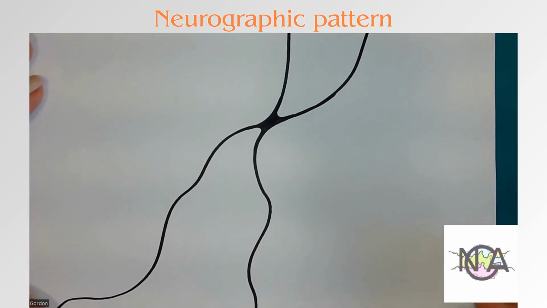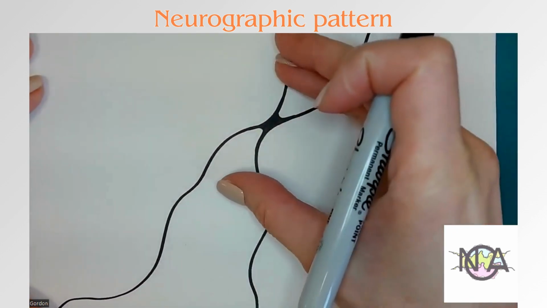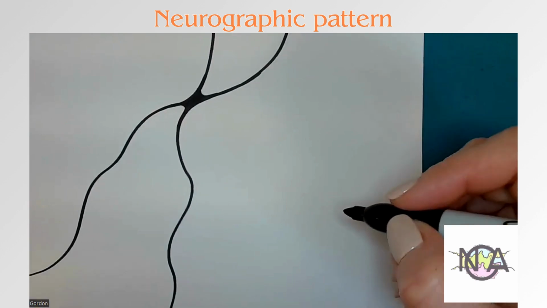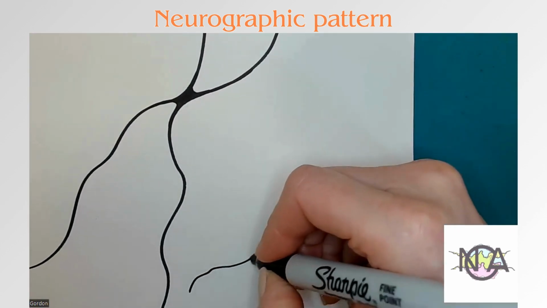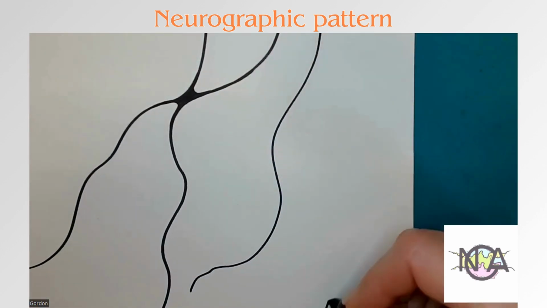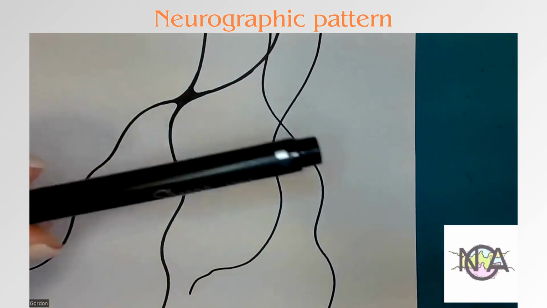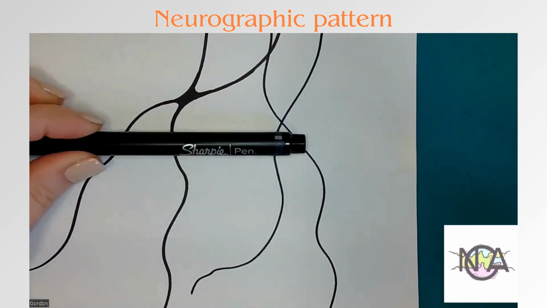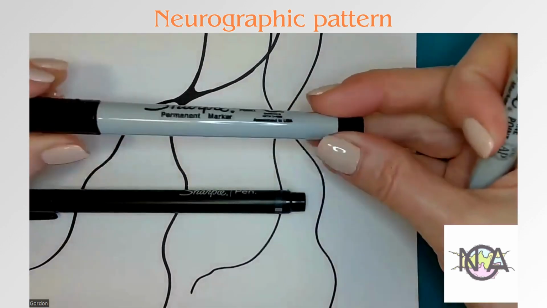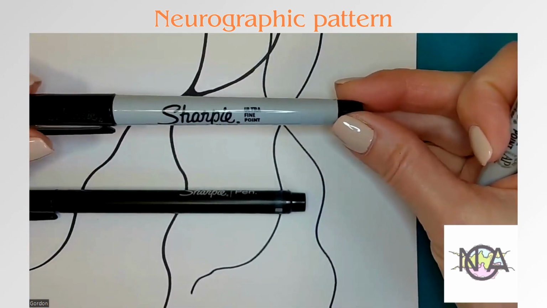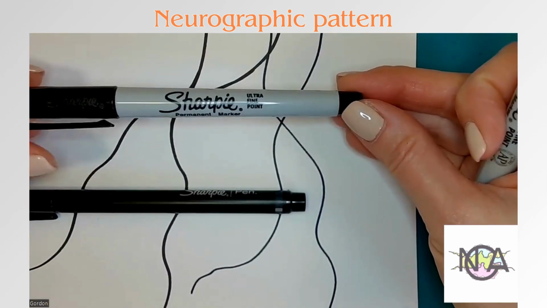Now, sometimes people see it as a very big nose and they want to make it looking nicer. So in this case, I can recommend you to try this, for example, ultra fine point marker.